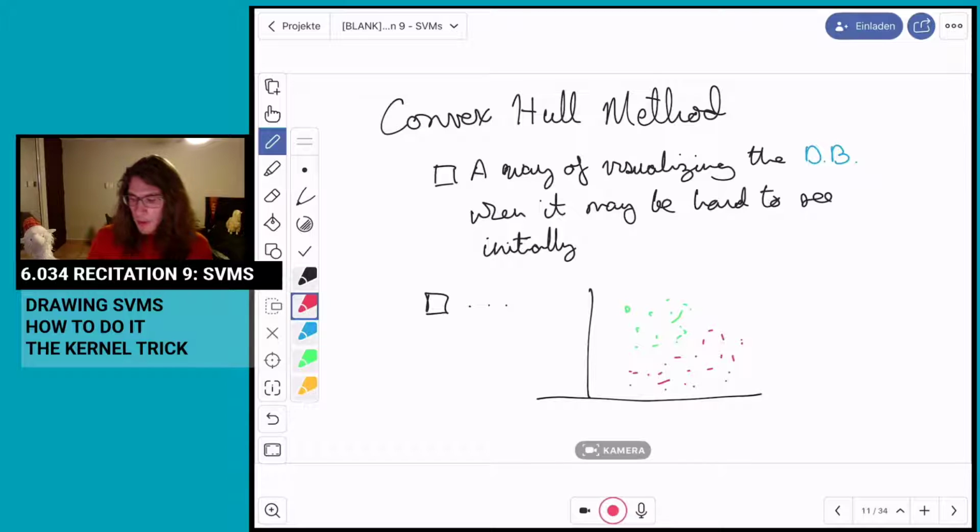So you take a rubber band. In my case, I couldn't find a rubber band, so I'm going to use a hairband, which for strange reasons I seem to have in my room. So I take this hairband and I throw it around the set of green points, and I let go. And I let the rubber band or the hairband contour itself around the perimeter of the points.